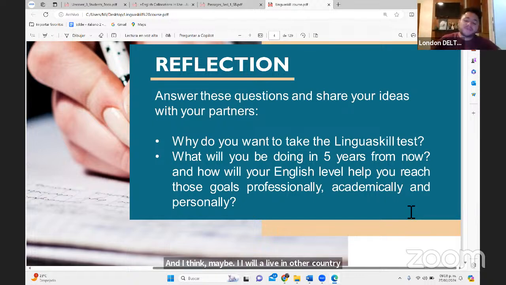Very good, very interesting. It's true that good companies, or companies that offer good pay, usually have English, at least desirable proficiency in English.